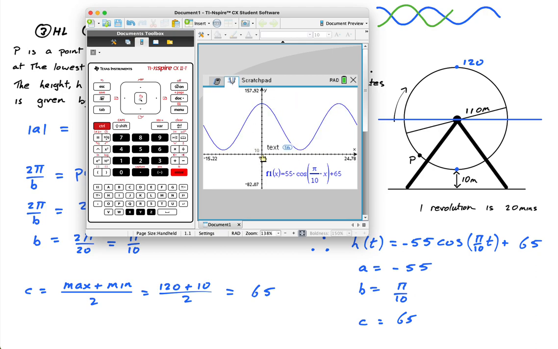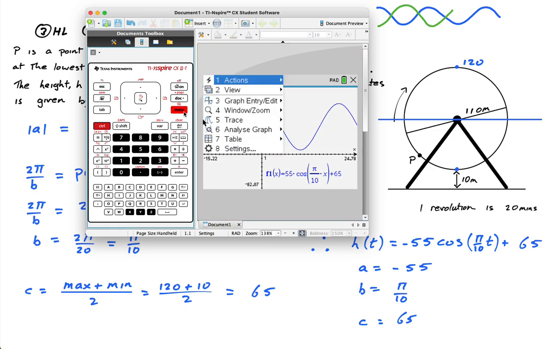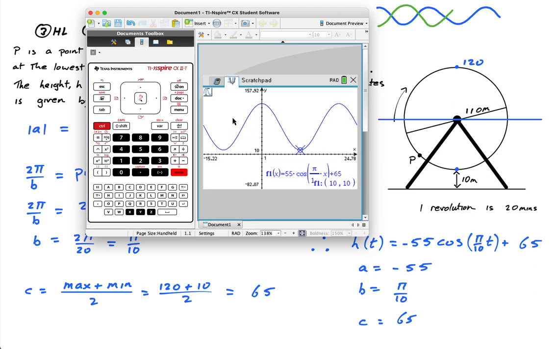So you'd say, well, hang on, when time is 0, when we start, he's 130 meters up in the air. So there's something wrong there. And use the trace function, guys, because by tracing along here, you know this has to be 120. Yes, it is. And then this has to be 10. Yes, it is. But sorry, we don't want to start at the top. We want to start at the bottom.